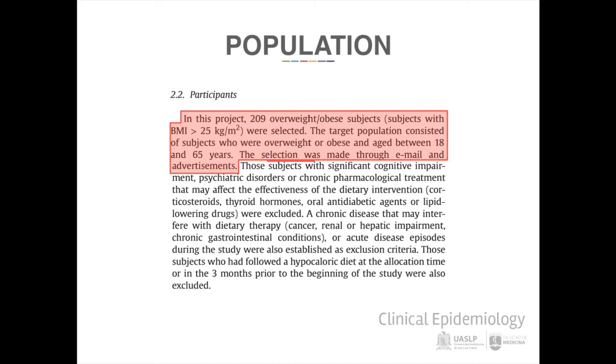In the article, the researchers stated as inclusion criteria all subjects with a BMI higher than 25 kilograms per square meter, and as exclusion criteria, cognitive impairment, psychiatric disorders, chronic pharmacological treatment that may affect the effectiveness of the dietary intervention, as well as the presence of chronic disease that may interfere with the dietary therapy, acute disease episode during the study, or subjects who had followed a hypocaloric diet at the allocation time or within 3 months prior to the beginning of the study.